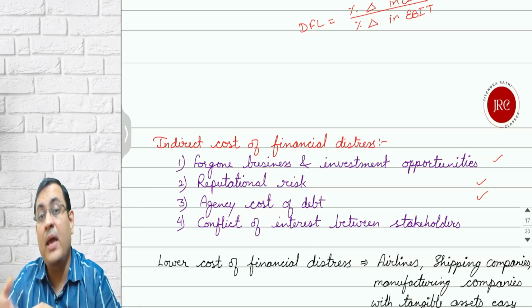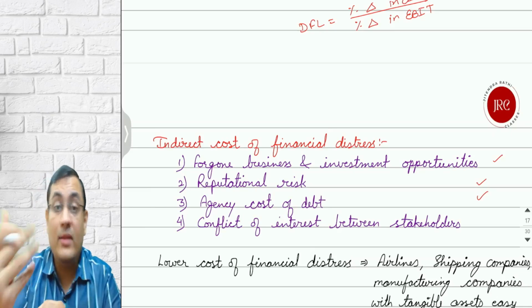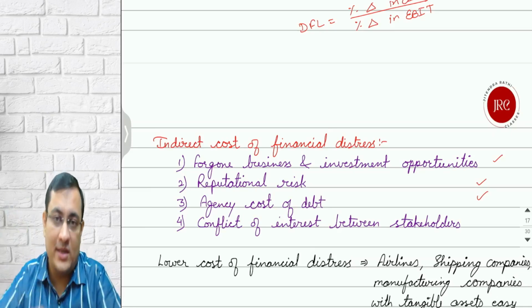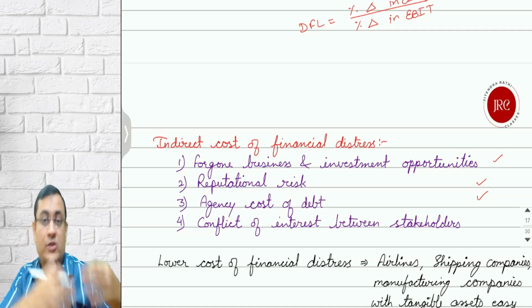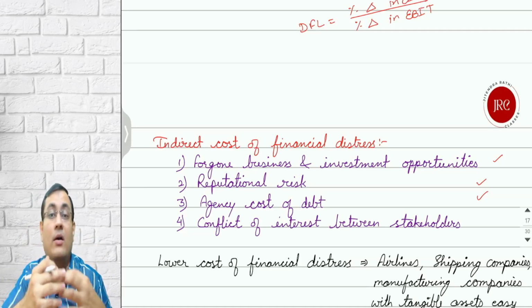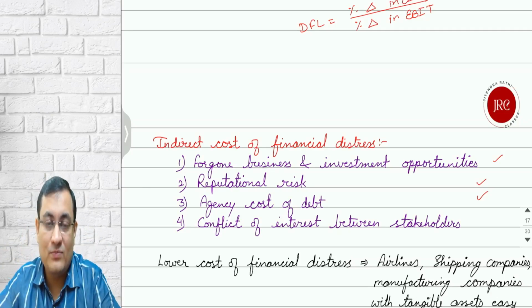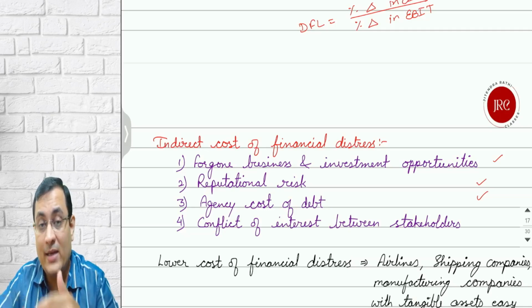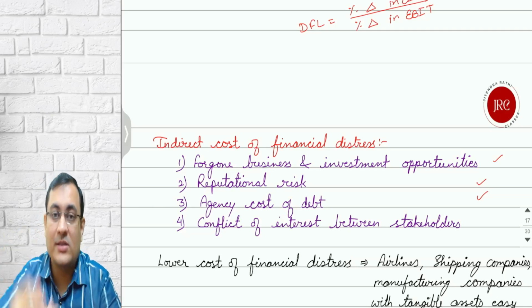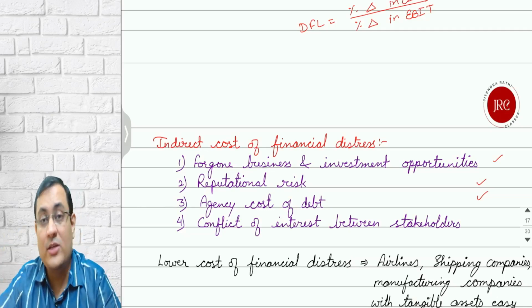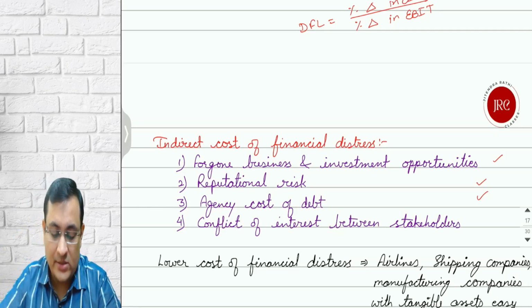And this may motivate them to go for a more risky project, which the minority stakeholder or the debt holder may not like, or the overall equity holder may not like. That is where the agency cost is coming from. Financial distress can create an additional agency cost.